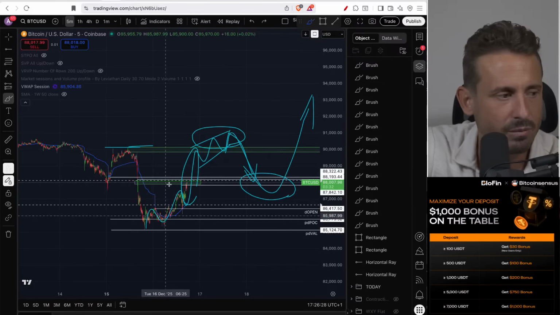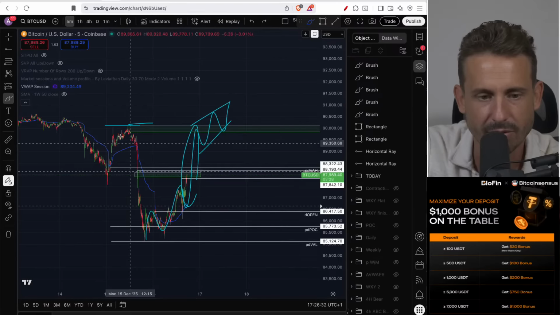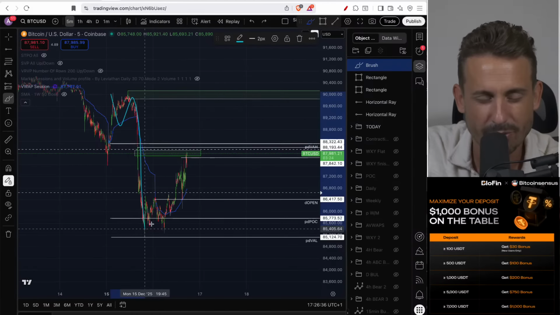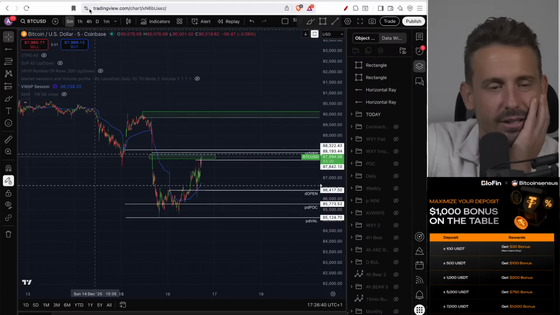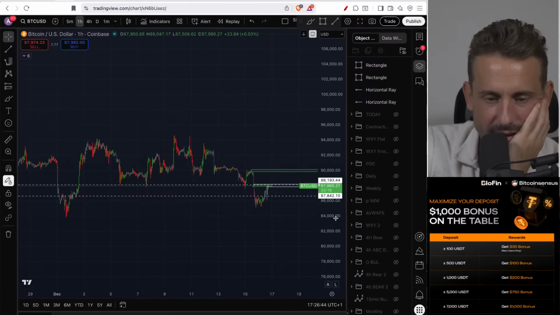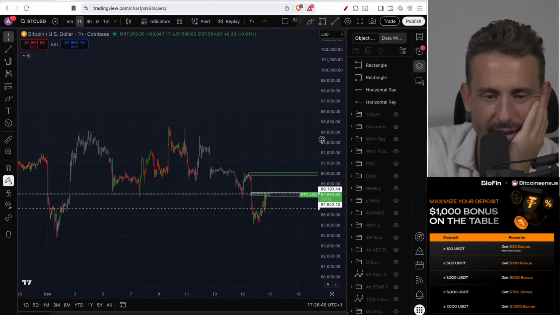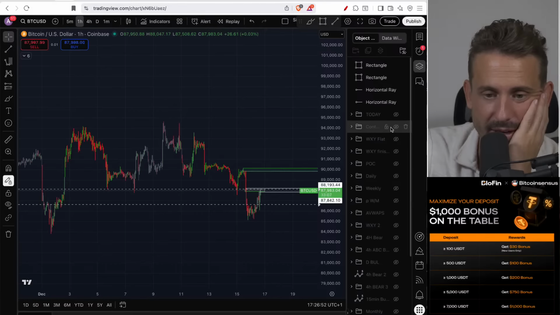The thing that is disturbing about this potential 3-wave move down is an ending diagonal, in a 3-3-3-3-3, a contracting diagonal, not this one that was invalidated.